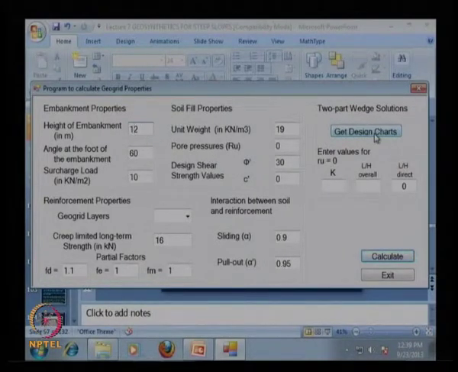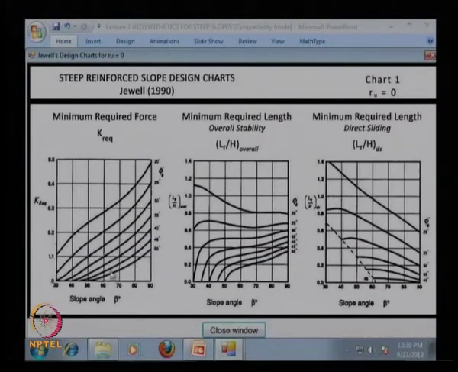So, you can use this two-part wedge solution by Jewell, given in 1990. This is the steep reinforced slope design chart for RU equal to 1, pore water pressure equal to 1. Let us say we are considering here a height of the wall of 12 meter and beta equal to 60 degree. We first determine the minimum required force, K required, when phi value is equal to 30 degree.